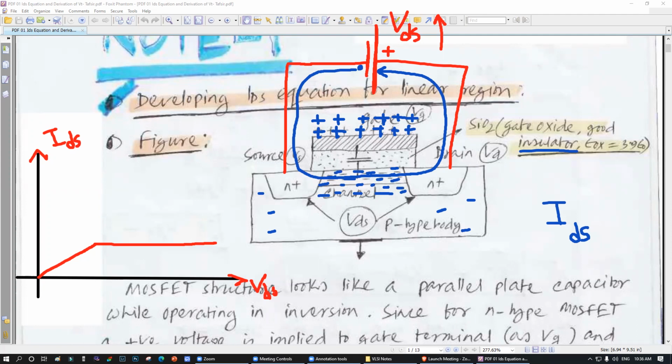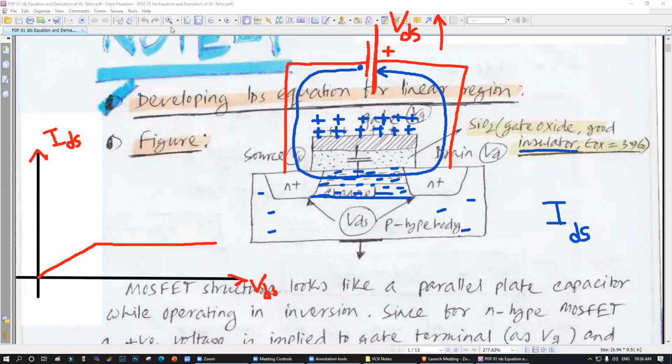That means the channel width, do you understand? The width of the channel becomes bigger. That means the channel concentration or the channel capacity has increased. So now if you increase VDS more, it can take more current.